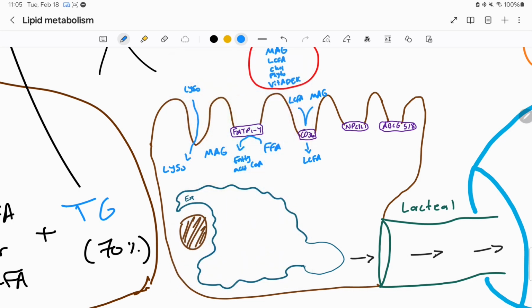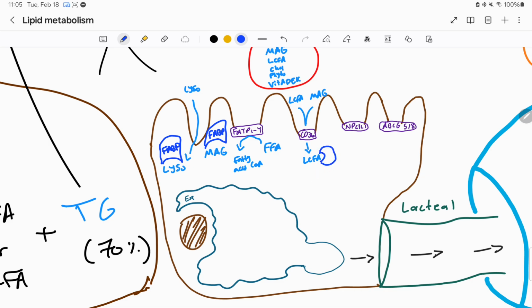They're called fatty acid binding proteins, which will just deliver them towards the endoplasmic reticulum. I'll talk about why they're going there. Same thing with the monoacylglycerol, they have the fatty acid binding protein attached to it.